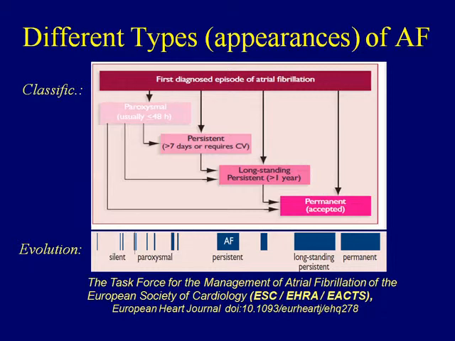It often is, but not always, from a silent, as you see on the left of the slide, to a paroxysmal, to persistent, and then finally to permanent fibrillation. This is based on the hypothesis that atrial fibrillation in itself degenerates the atrial myocardium and facilitates the persistence of atrial fibrillation.